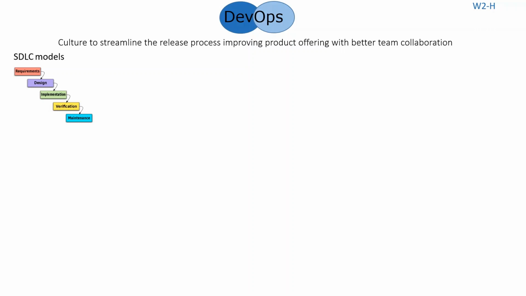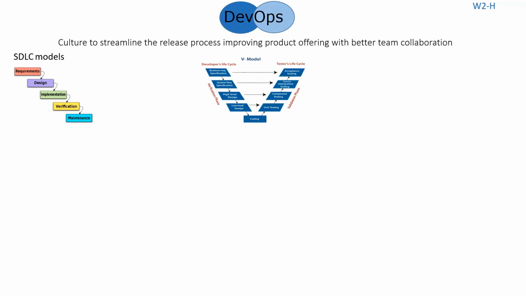It is a less iterative and less flexible approach, because the progress flows in one direction downwards like a waterfall, which lacks the ability to revisit or revise any prior phase once it is completed. That is one of the drawbacks of the waterfall model, and of course it takes a longer delivery time.